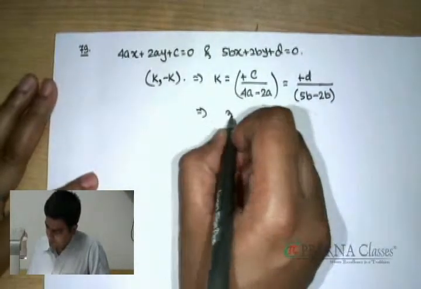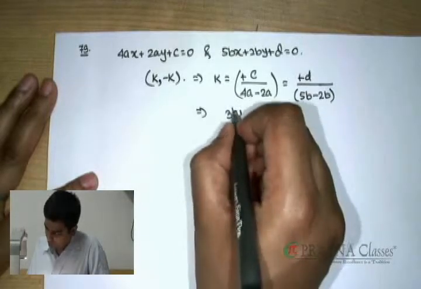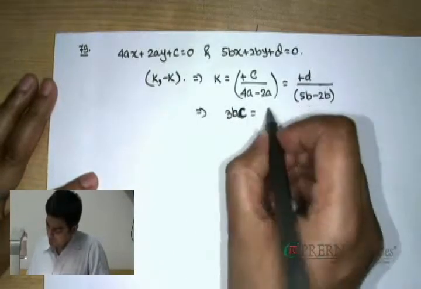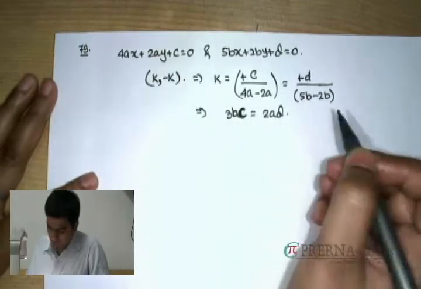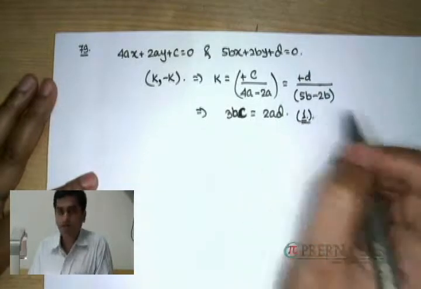You can clearly check then that thrice of BC is equivalent to twice of AD, which is matching with the option 1 given in that problem.